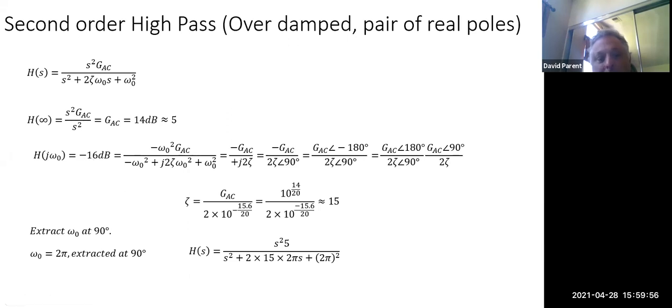We already extracted omega naught, but in this case, we're getting the high frequency gain at positive 90, divided by 2 zeta. And then when we solve, we get a zeta of 15, which is clearly overdamped. Then we put it back here: we have 5, 2 times zeta, plus omega naught squared.